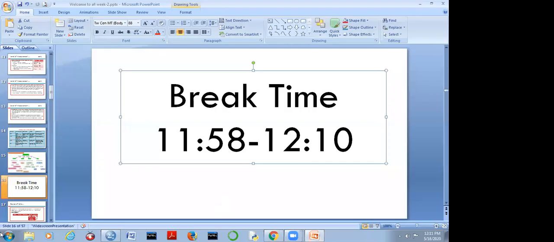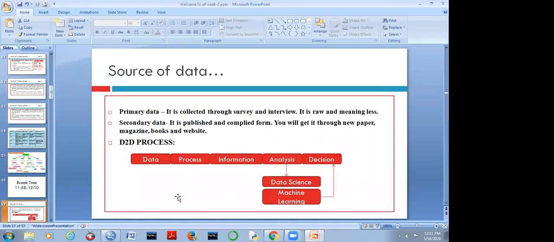Okay. So after break, now we'll go for the source of data. Now understand, here is the important. We understood types of data, the type of statistics, and the levels of data: nominal, ordinal, interval and ratio.